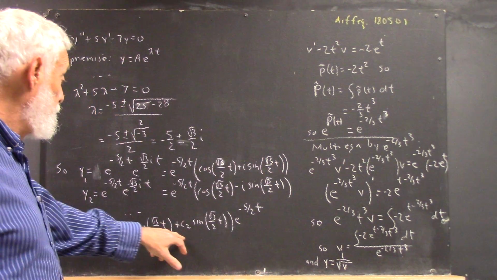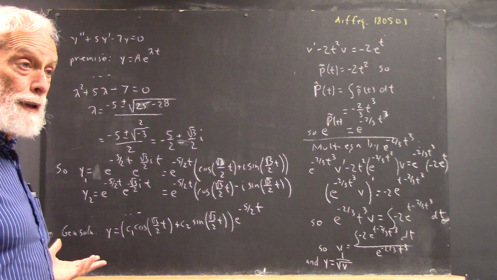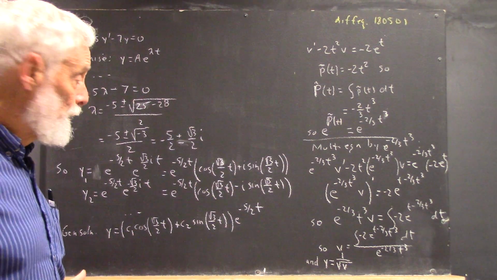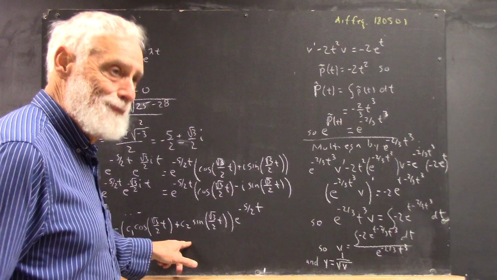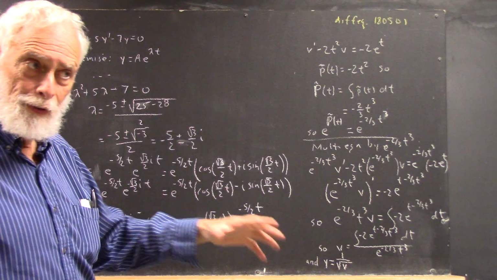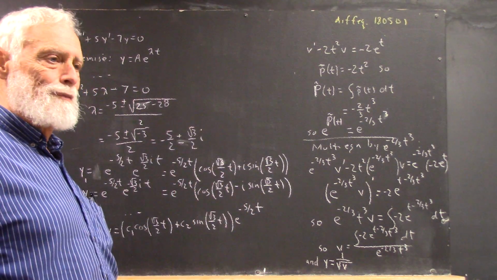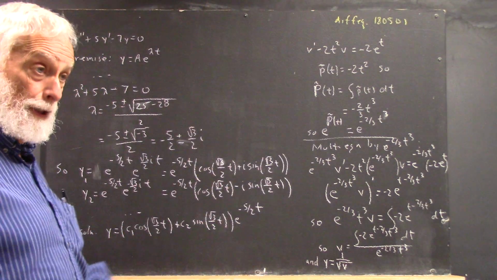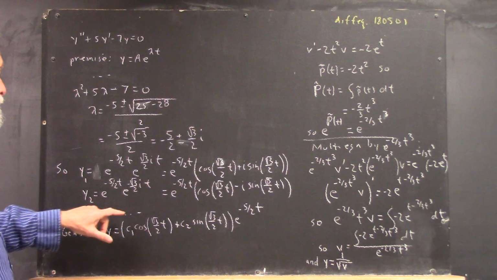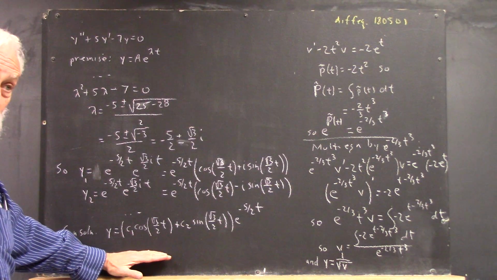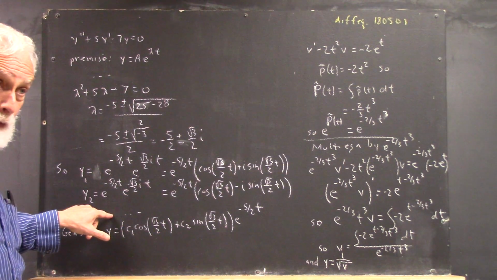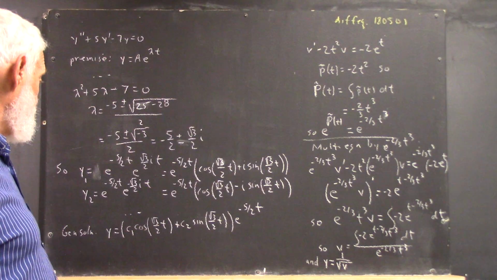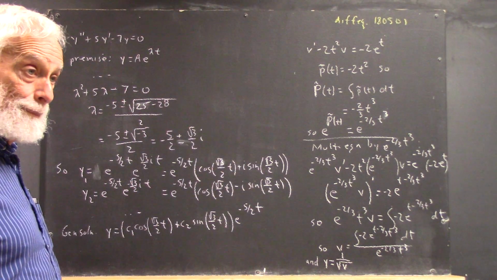Now C1 and C2 can still be regarded as complex constants, which is why I don't write the i's here. There are some details of that I'm not going to review right now. You can go back and see how we did it, just because we don't have a lot of time. So, it's kind of another premise, conclusion, and some dots that need to be filled in, okay? But it comes down to this.